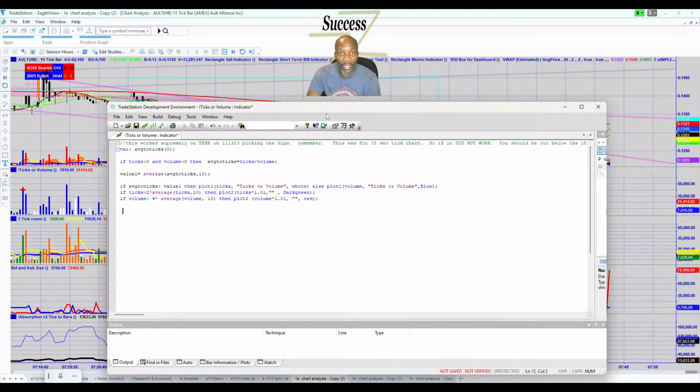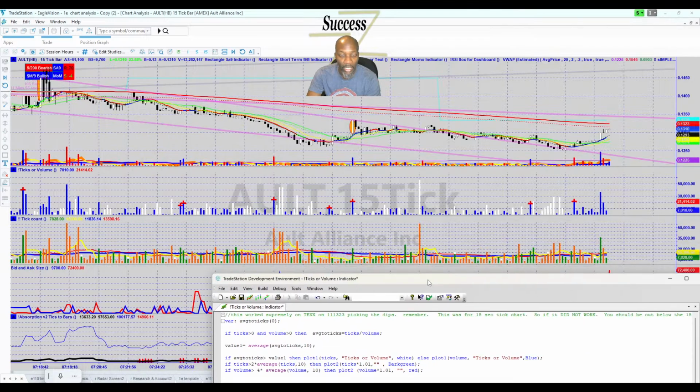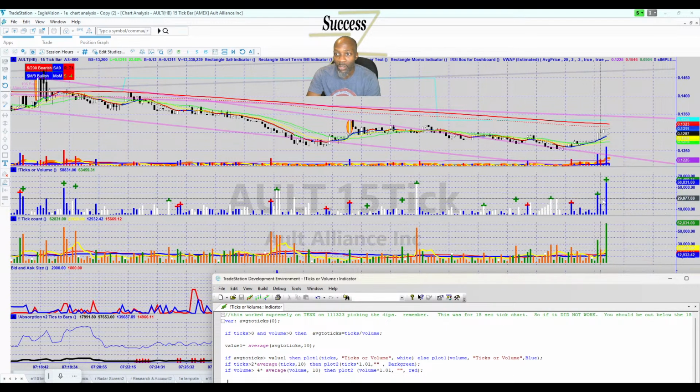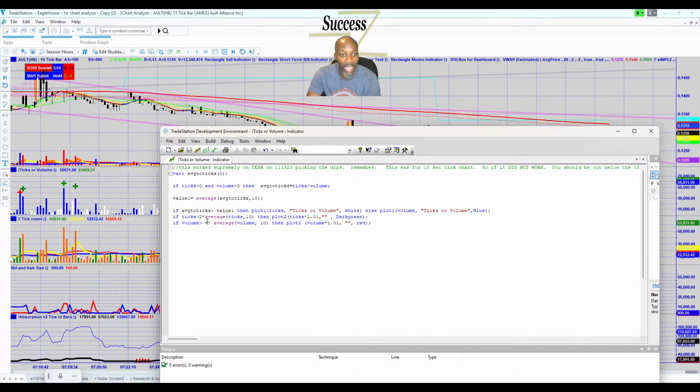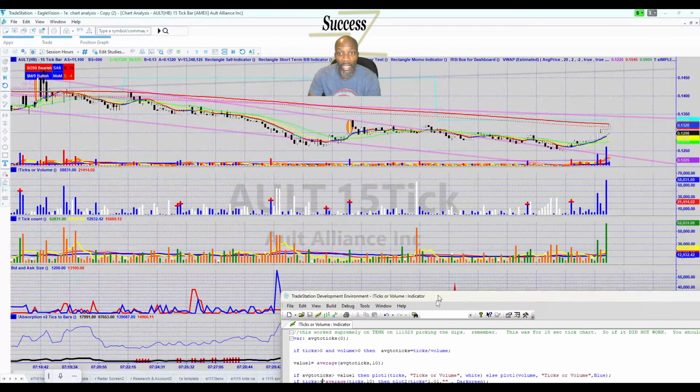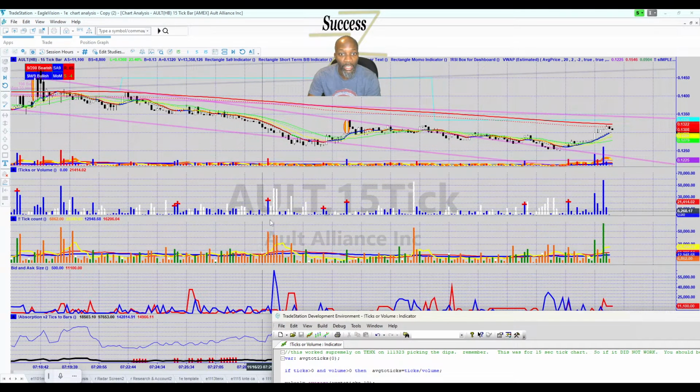We'll do that just for kicks and giggles, and then I will verify it. Okay, after I verified it, you see that this did pop up green, right? But now we have a bunch more greens, and we don't necessarily need more entry signals. We need good entry signals. Like I said, 4 times I found to be somewhat significant. Change that back to 4, re-verify it, and then it gets rid of all those greens.